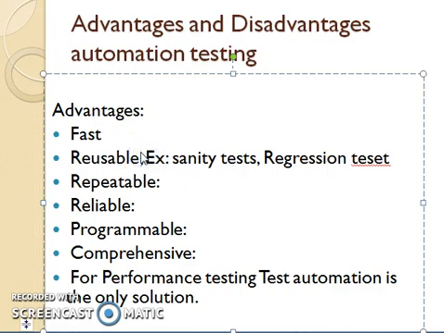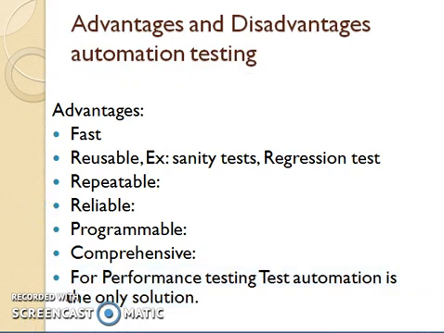The advantages of automation testing are that it is fast compared to manual testing, and reusability, like for example sanity testing and regression testing, where you can repeatedly execute the number of test cases. It's reliable and programmable, as a programming language is used for automation testing. It is comprehensive, and for performance testing, test automation is the only solution.